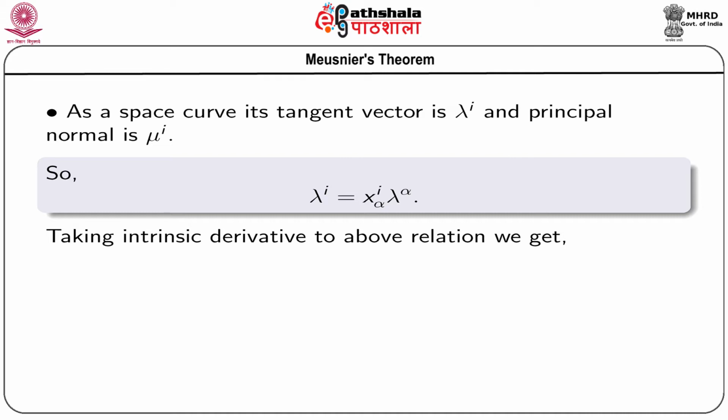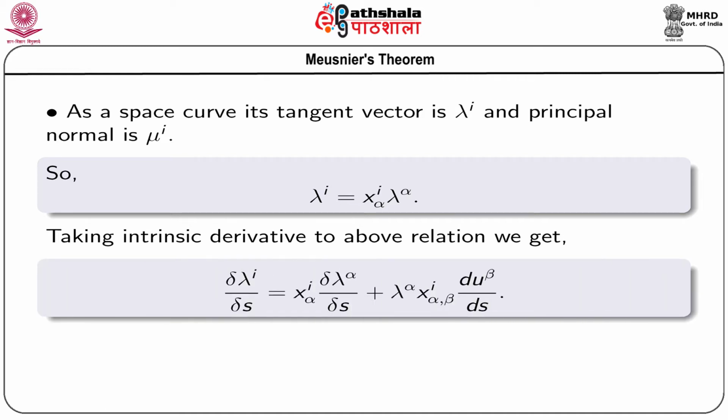Now, taking the intrinsic derivative of the above relation, we get del lambda i del s equals xi alpha del lambda alpha del s plus lambda alpha.